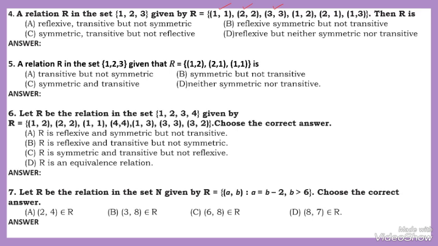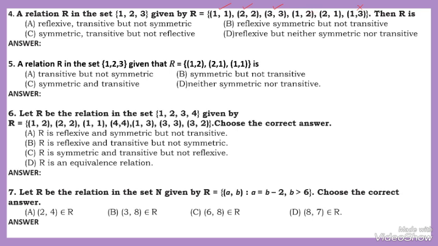Again, I will check. 1 is related to 2, 2 is related to 1. It obviously obeys. But (1, 3) and (3, 1) are not there. So this is not a symmetric property. Symmetric means each pair holds the relation.